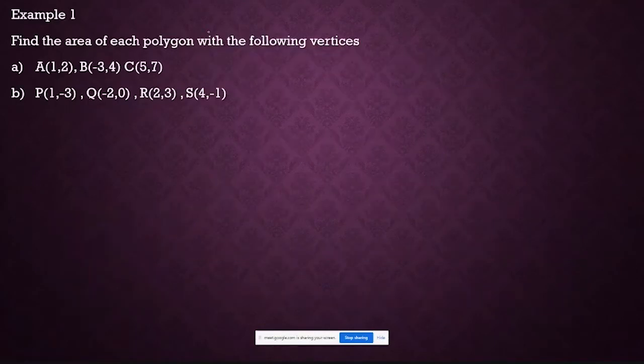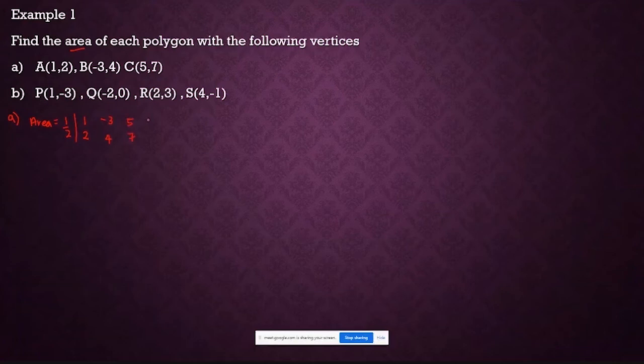Okay, example 1. Find the area of each polygon with the following vertices. Okay, we have question A. Find the area. So since the formula of area equal to 1 over 2, then modulus sign the x1, y1, the coordinates of A, coordinates of B, negative 3, 4, coordinate C, 5, 7.